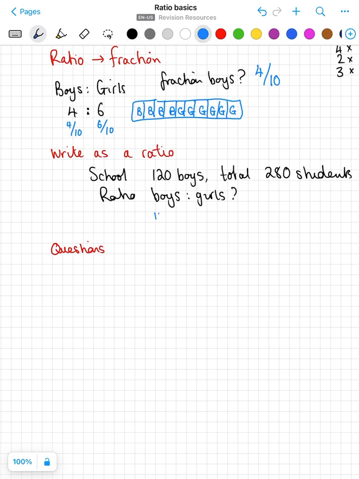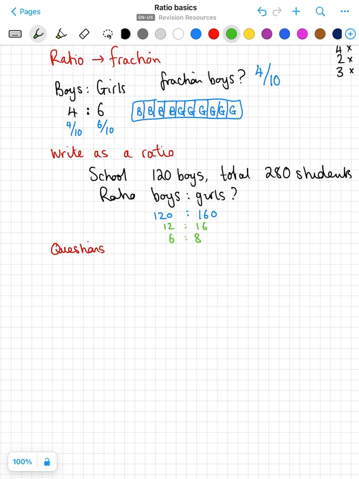So there are 120 boys. There are 280 students in total. So read it carefully. Take away 120 boys, leaving you with 160 girls. So that's 120 to 160. Now it's a case of simplifying, which simplifies to 3 to 4.